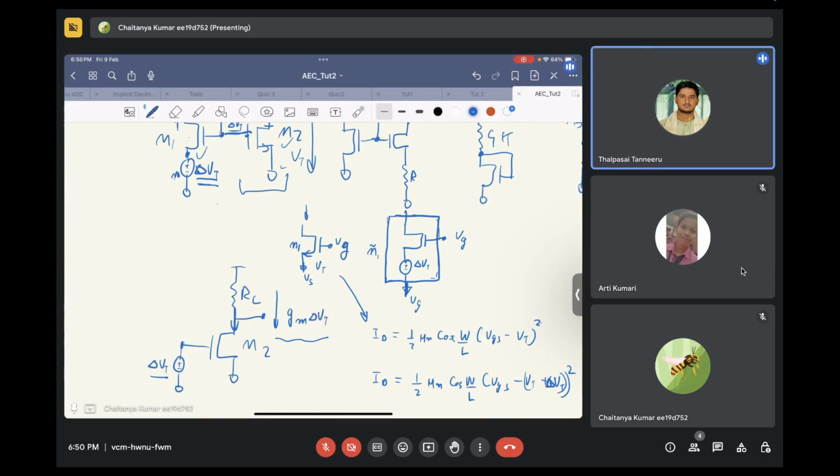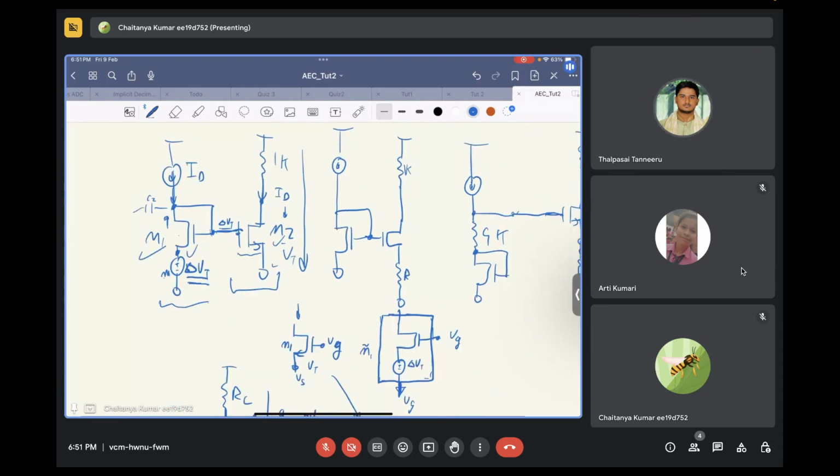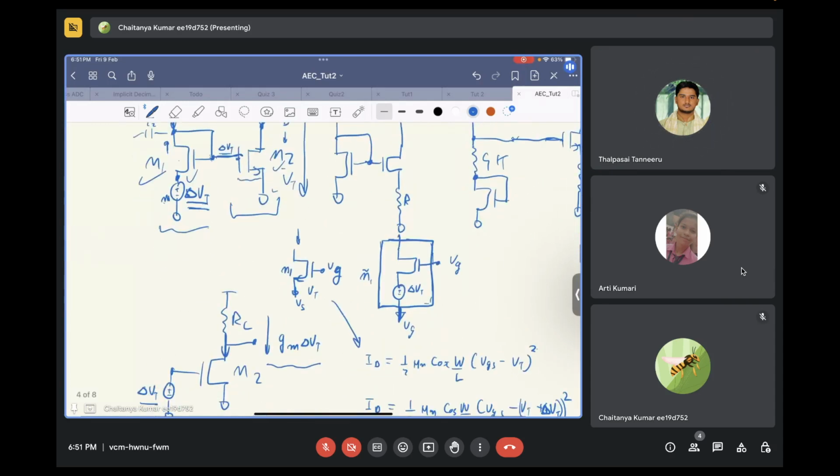So we saw that if there is some mismatch in the threshold voltage of transistors M1 and M2, that mismatch directly gets multiplied by the transconductance of this circuit and comes as the change in current in M2. Correct? Yes, sir.